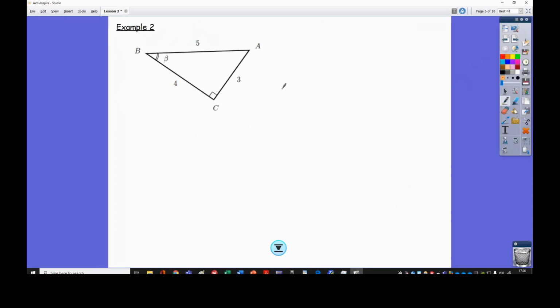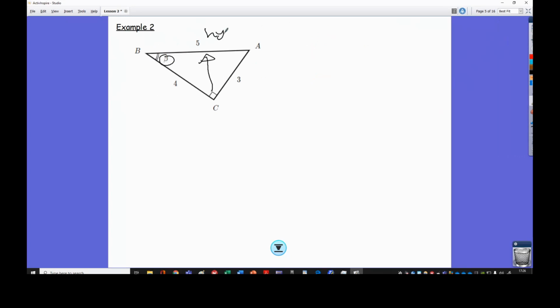So move on. Example number 3. That should say 3. I don't know why that says 2. So we want the sine, cosine, and tangent of B. Before we do that, let's label it. So opposite the right angle is the hypotenuse.